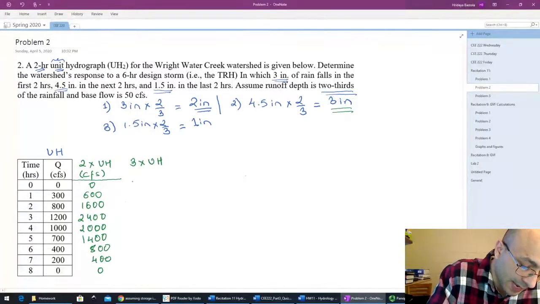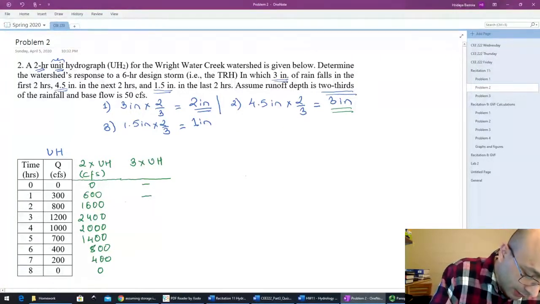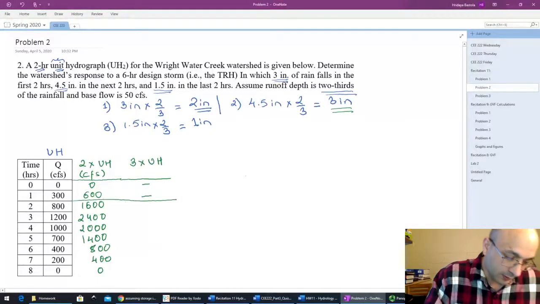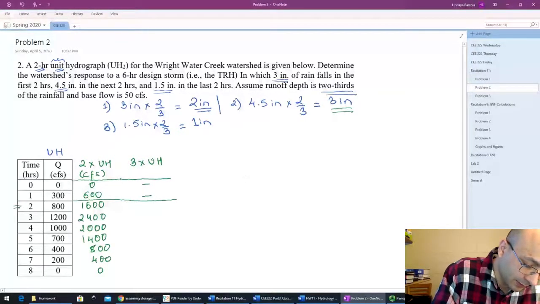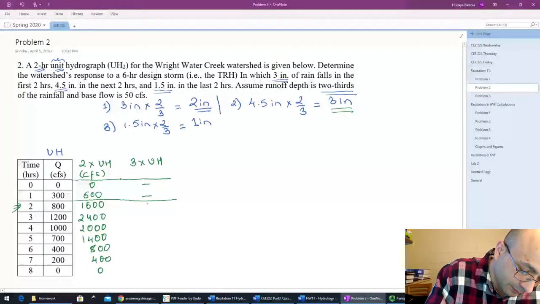So there's going to be a lag of 2 hours before the contribution from the second 2-hour portion of that storm is observed. So no contribution there, no contribution there, and we'll start seeing contribution from hour 2 here. So 3 times 0 is 0. 3 times 300 is 900.